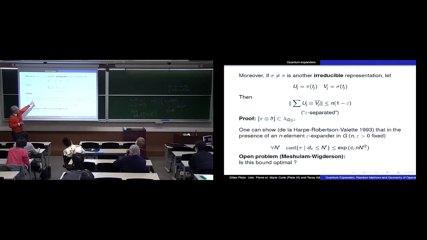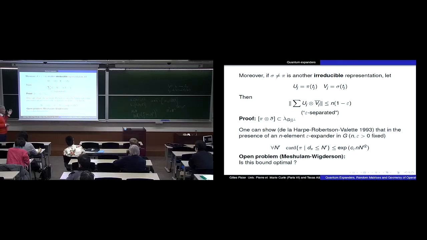what you will get is a condition where you don't even need to worry about restriction to the orthogonal of the unit, because the whole representation pi tensor sigma bar, by Schur's lemma, does not have an invariant vector. Because if it had an invariant vector, they would be equivalent, and you're assuming they're not equivalent. So since it doesn't have an invariant vector, this is included again in this non-trivial part of the left regular representation.